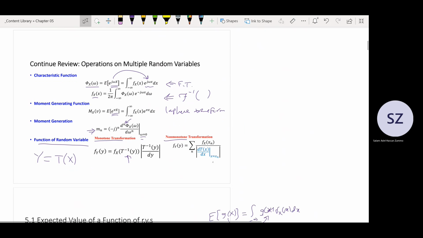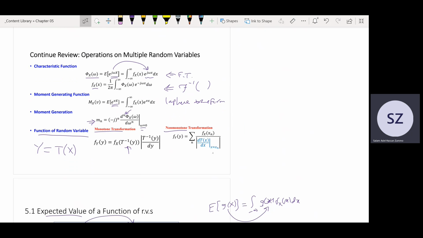And we talked about the characteristic function and how to use it to find the moments, right? By differentiation. And if we have a function of a random variable, whether monotonic or non-monotonic, you need to be able to find the PDF using these equations. And this is only if you have a function of a single random variable, so y equals t of x.